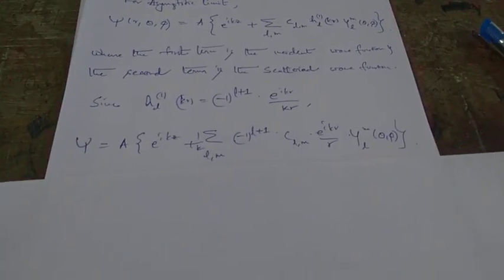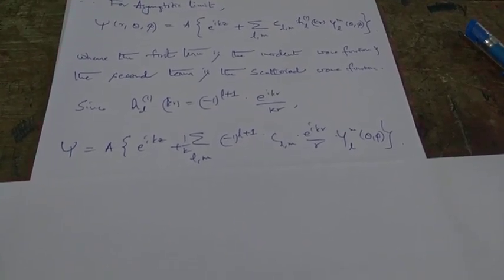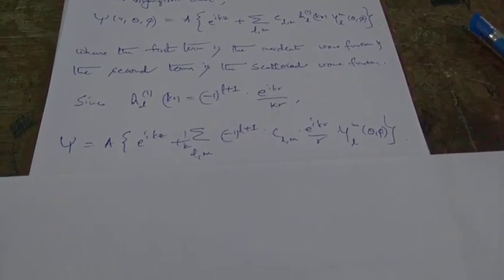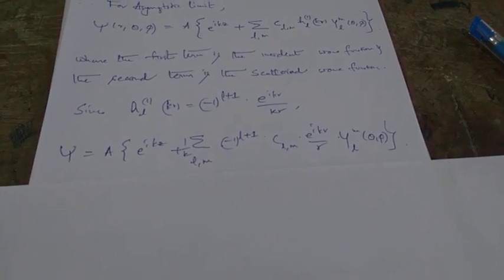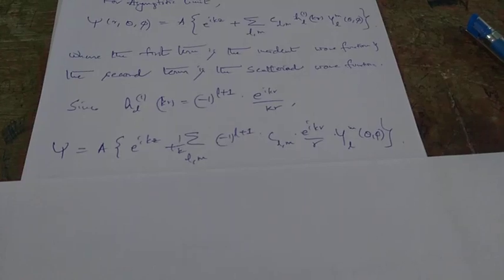Since this h_l^1(kr) is asymptotically equal to minus 1 raised to l plus 1 into exponential ikr divided by kr, we can express the wave function in this form. In the second term, we get 1 over k into summation over lm into minus 1 raised to l plus 1 c_lm exponential ikr by r into Y_lm(theta, phi).